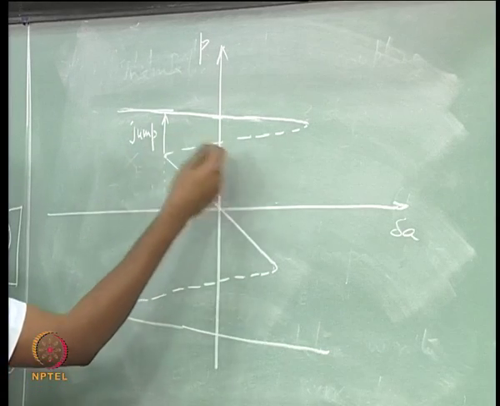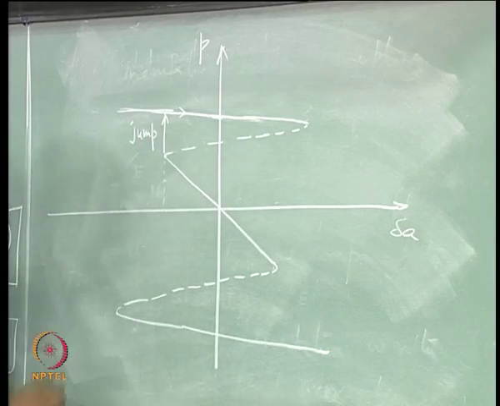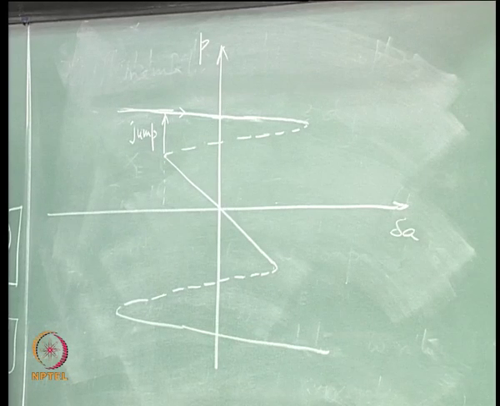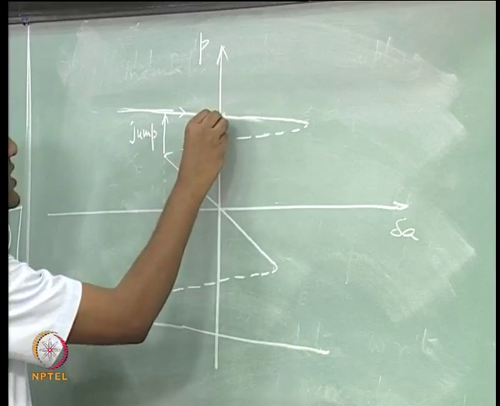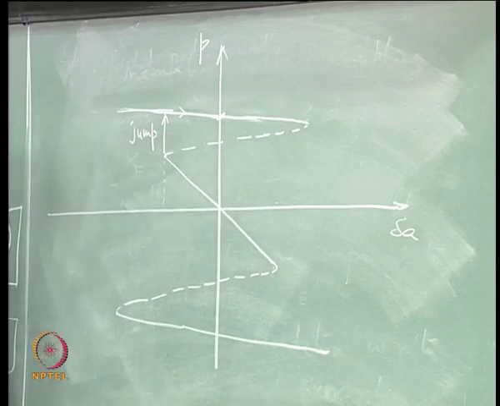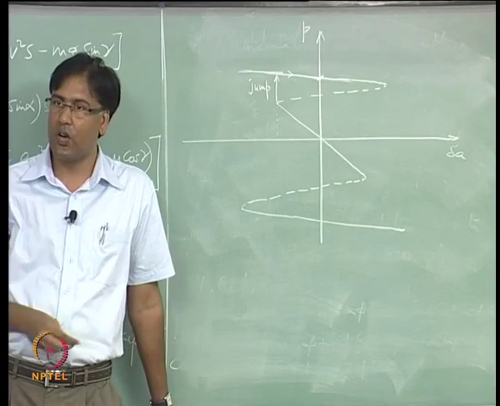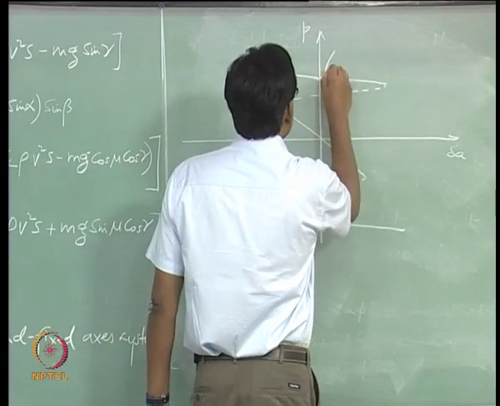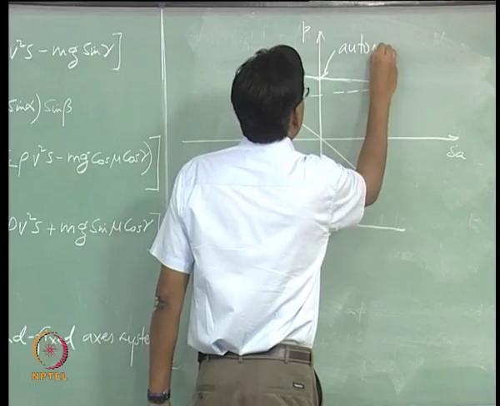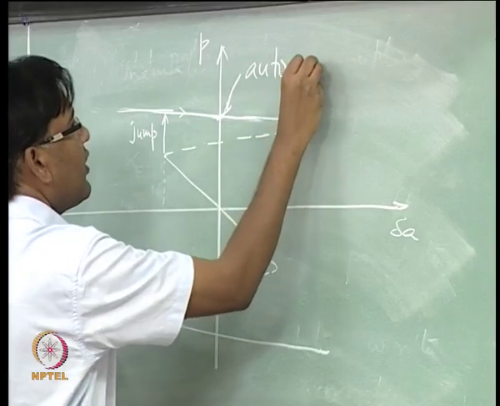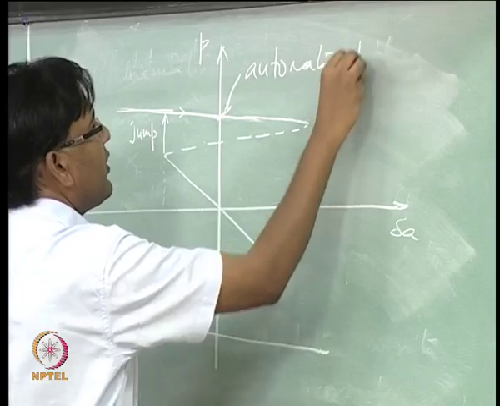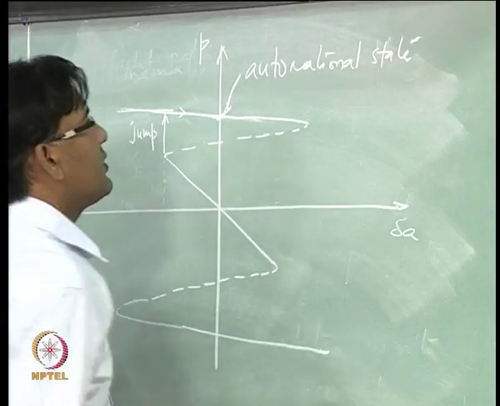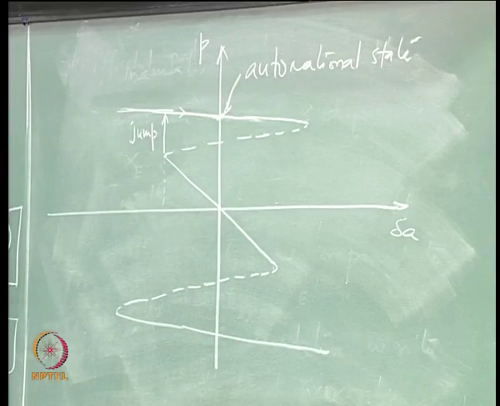When you are doing that, you are decreasing aileron, you are actually moving onto this solution branch, and there is a situation when you have brought back your aileron to neutral level, but you still see a positive roll rate, isn't it, and this is called auto-rotational state, right.